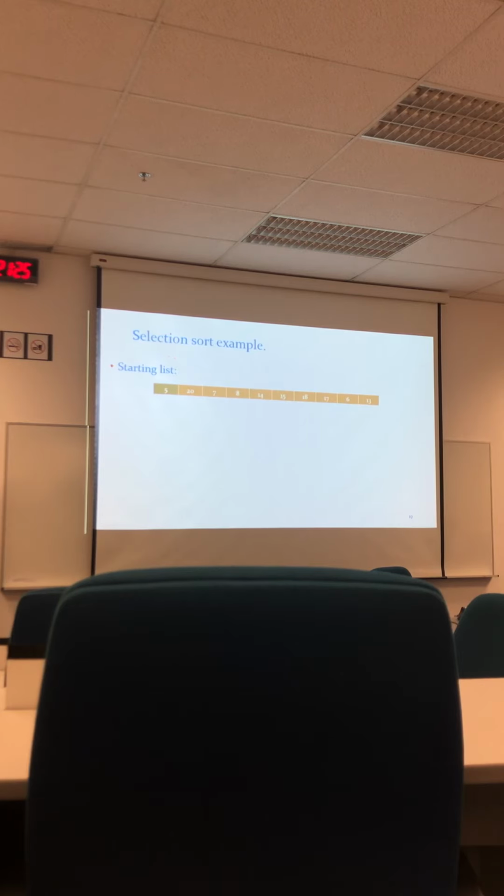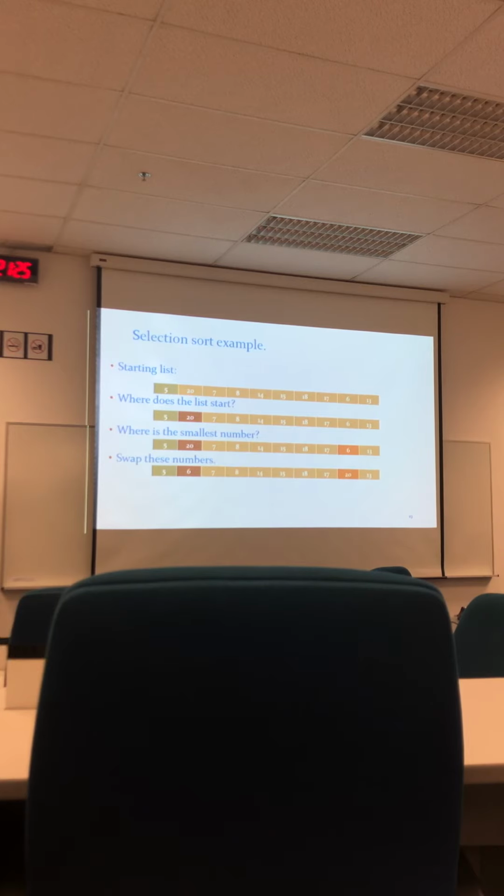So you will swap 20 with 6. In the unsorted part now, we swap these two elements. 6 goes here, 20 goes there. After this you complete one more step, the second step.